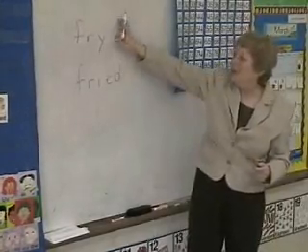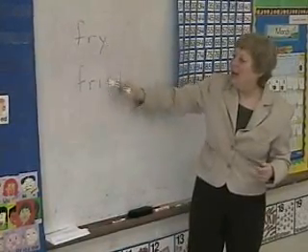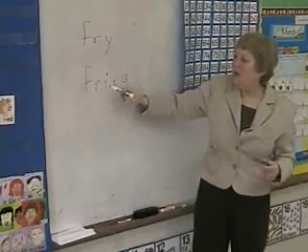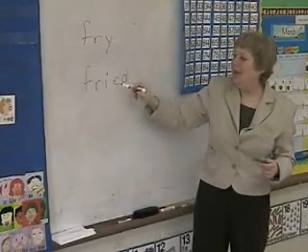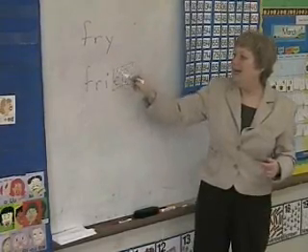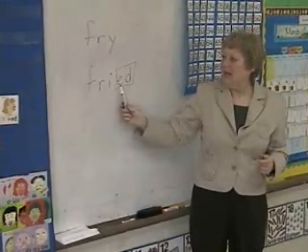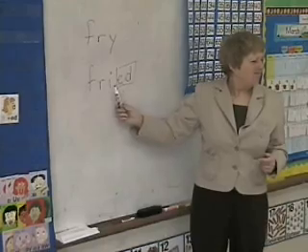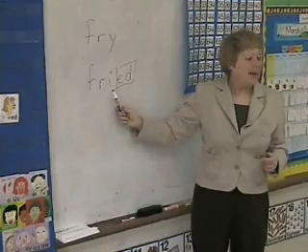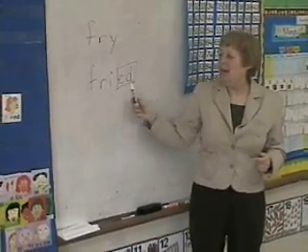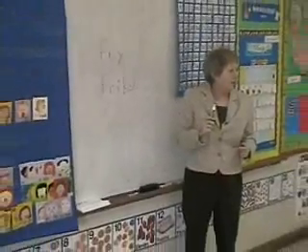So these words are the same, fry and fried, but we changed the Y to I when we added ED. Okay, so it kind of looks like we have I and E together here, but really we have I that used to be a Y next to an ED ending on a word.